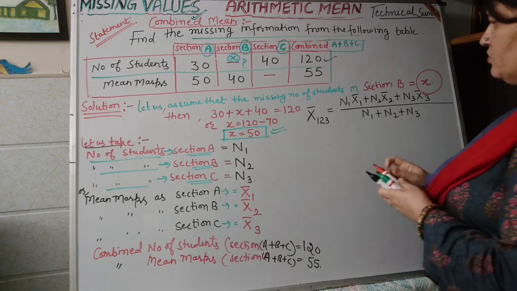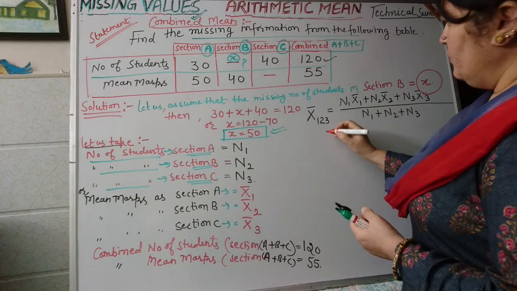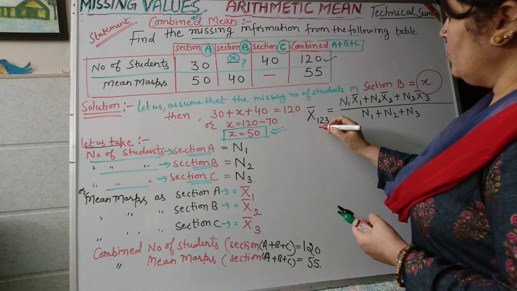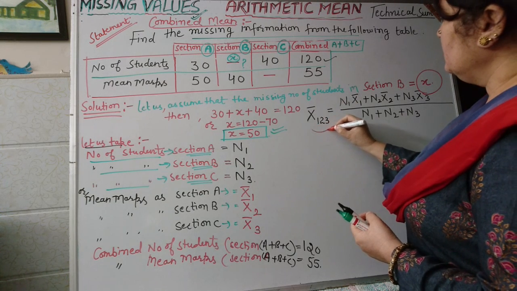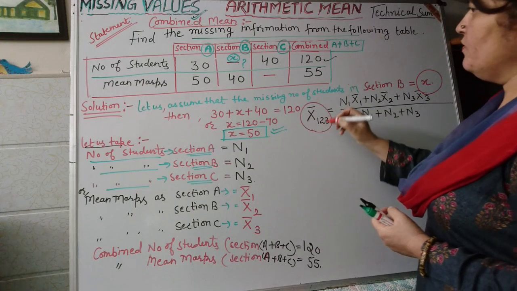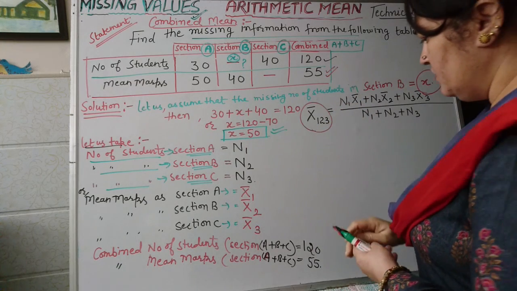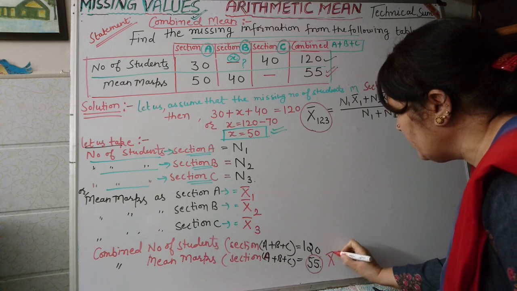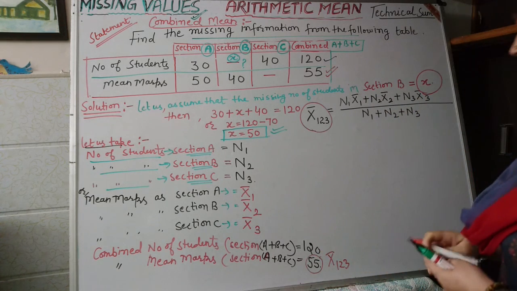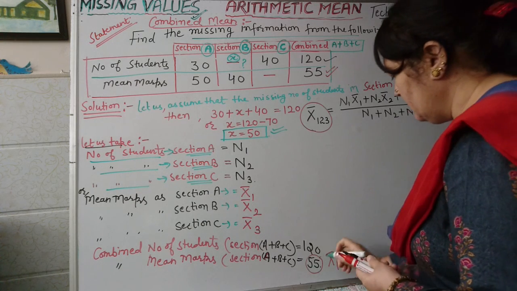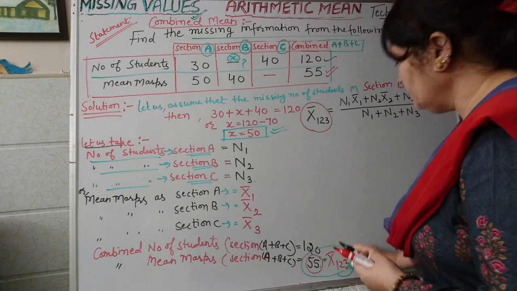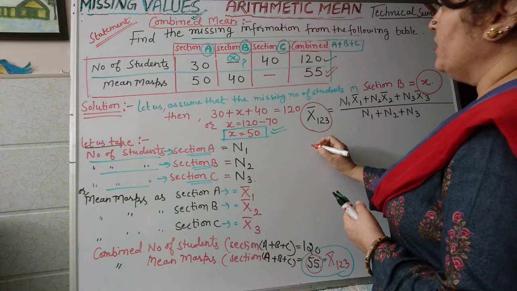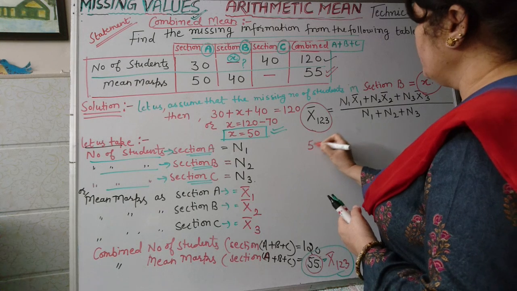Now let us put the values. We are given the mean marks of all the students, which is 55. This 55 is the mean marks of all three sections.